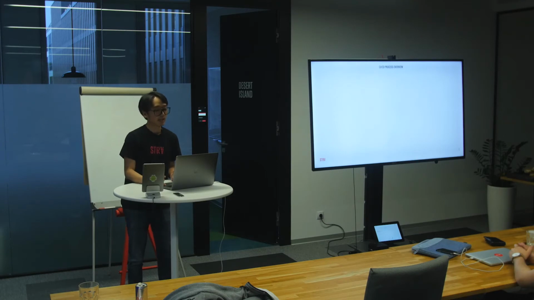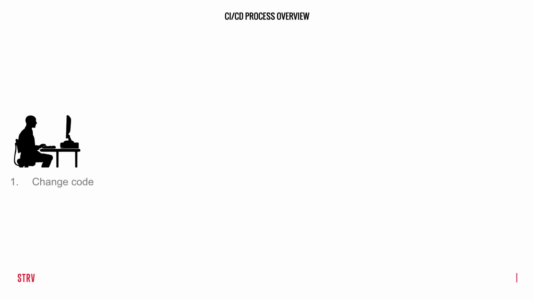So let's see how this actually works and how the infrastructure is based on the CI/CD. First, as a developer, you'll change the code, commit it, and push it to GitHub or GitLab or whichever Git repository service you're using.